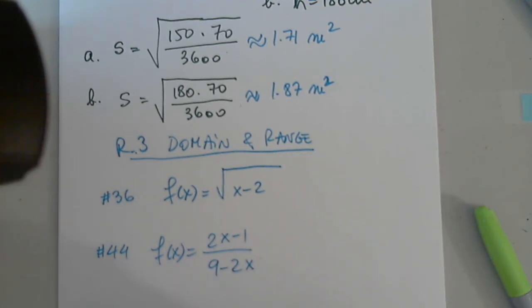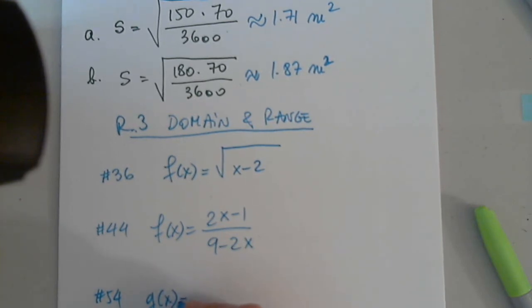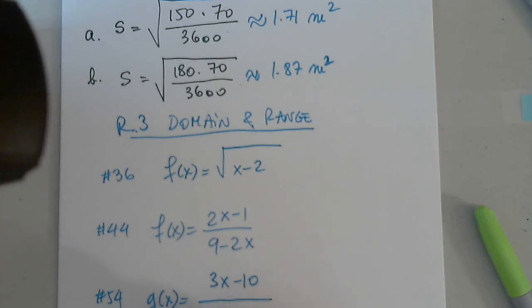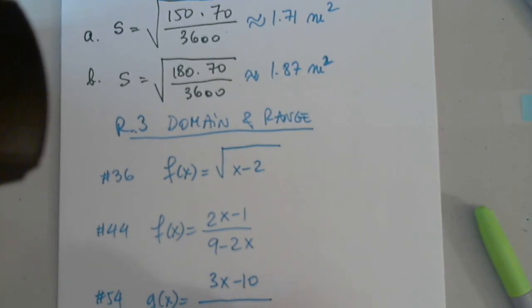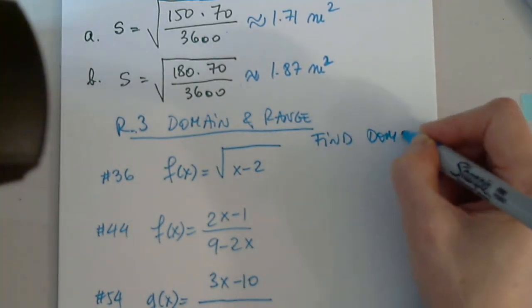And why not, let's also copy 54. So g of x is 3x minus 10 over x squared minus 4x minus 5. In all these questions, we're asked to find the domain.